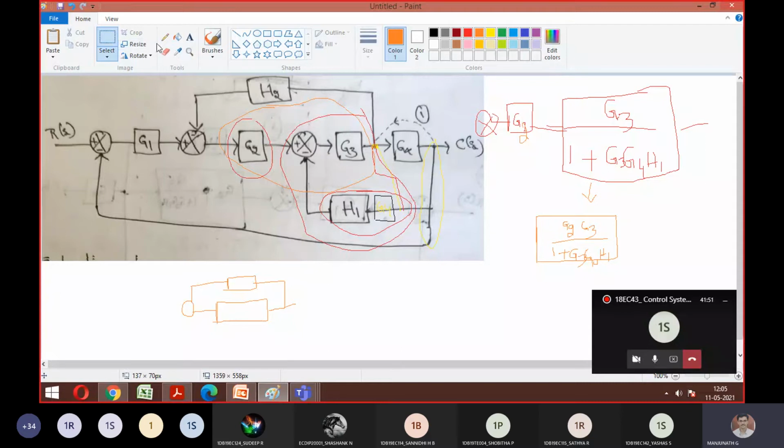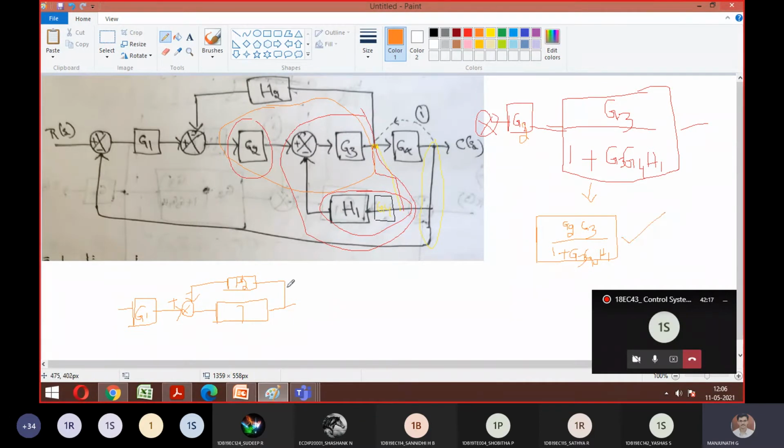Before this summing point there is G1, and I am not doing anything for that, so retain the diagram as it is. So G1, then this summing point, plus here and minus here because of the feedback. So this is H2, and this block answer is what I wrote here.